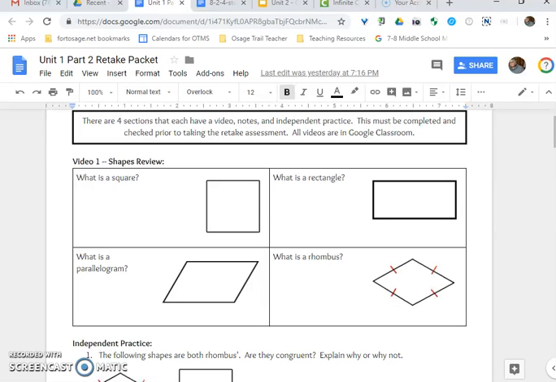So for a square, what is a square? What makes a square a square? Well, we know that it has four equal sides. We also know that it has four right angles.